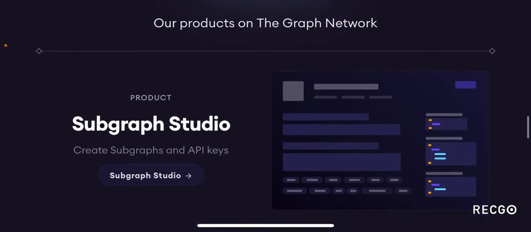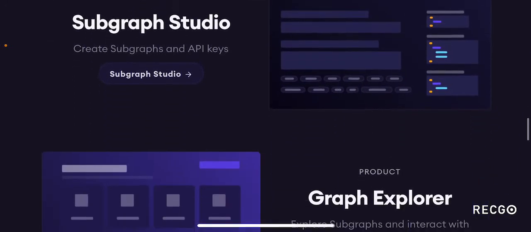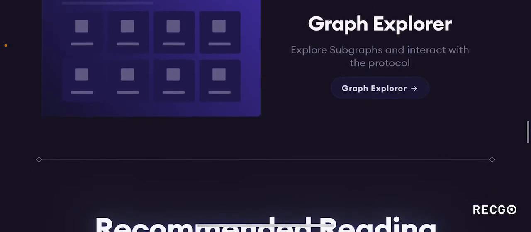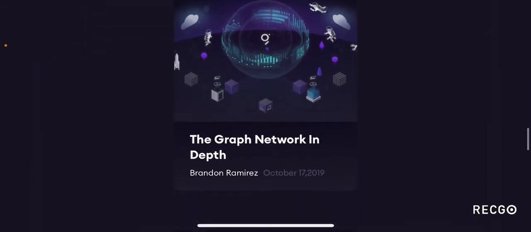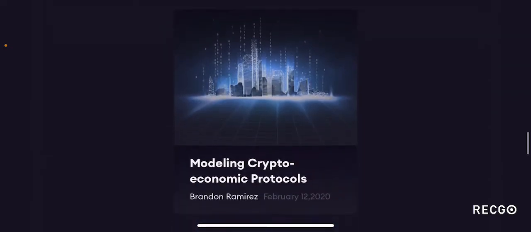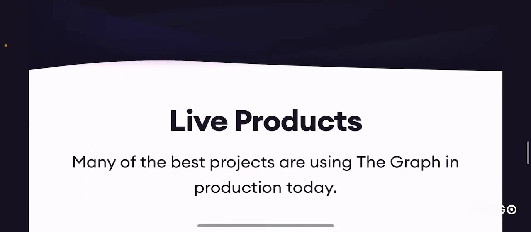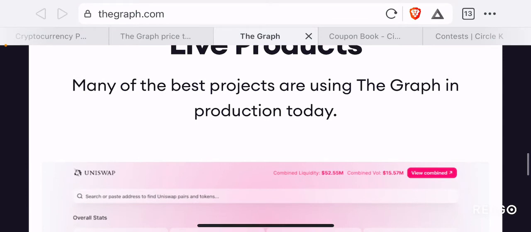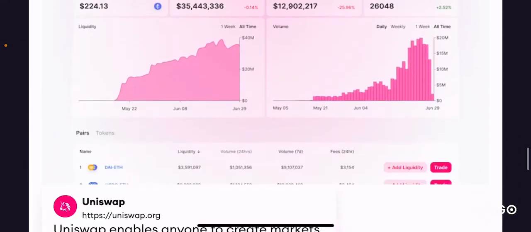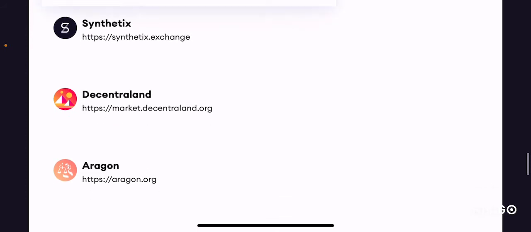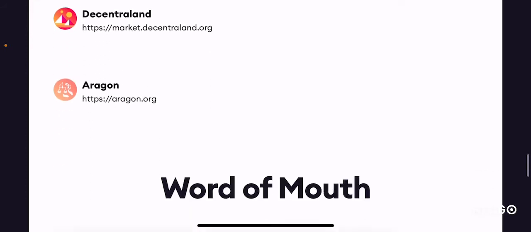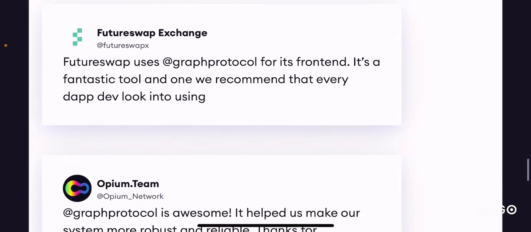They have a subgraph studio, which can also provide you with some valuable information. They have the Graph Explorer, and this is recommended reading. I recommend you guys read these articles, and that's pretty much it. They have some really interesting live products which will help you do more in-depth research on some of these projects which use the Graph.